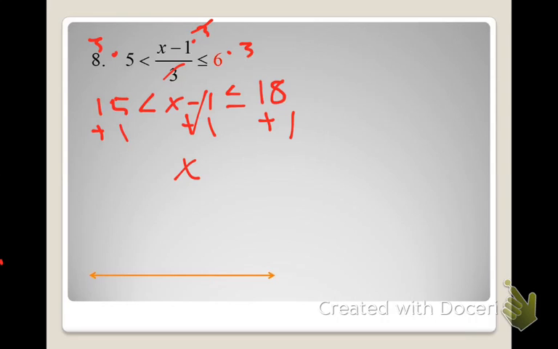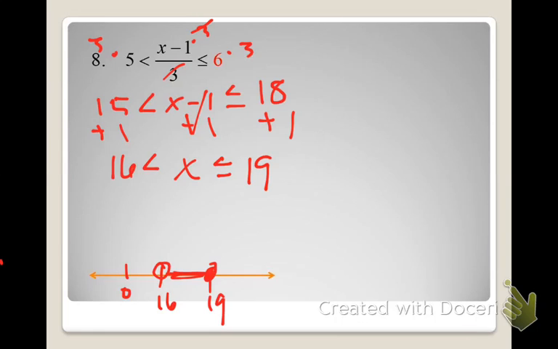And so we get 16 and 19. So now we want all real numbers between 16 and 19. No problem. Open, closed, shade, done. Right? Piece of cake. Questions?